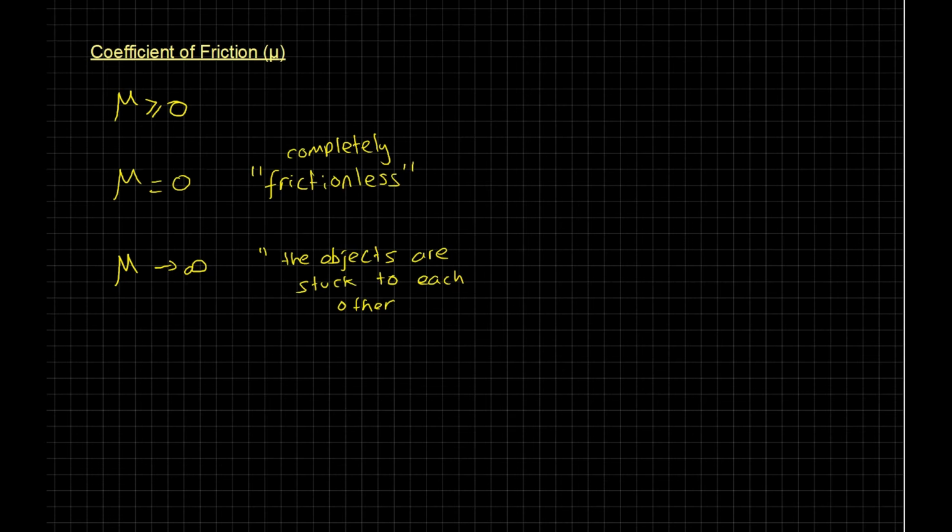Even though you don't know what the numbers are, it should be quite obvious to you that the two ice cubes have a lower coefficient of friction than my shoe sliding on the road. Okay, because you can imagine one of them is a lot more slippery, the two ice cubes, and the other has a lot more friction involved, which is my shoe on the road. Okay, so that's mu. That's the first component. It's the properties of the surfaces.